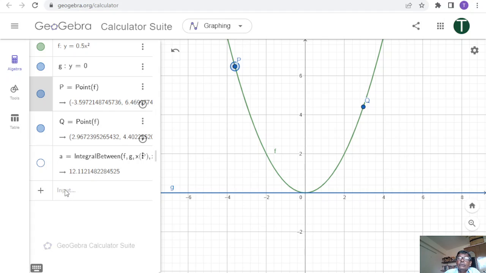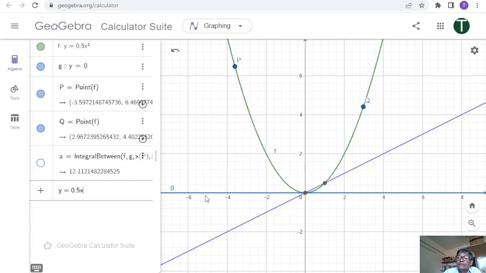Now, what you do, you draw another line here. Suppose the drawn line is, say, y equals 0.5x, and add some constant to it so that it will look like this.